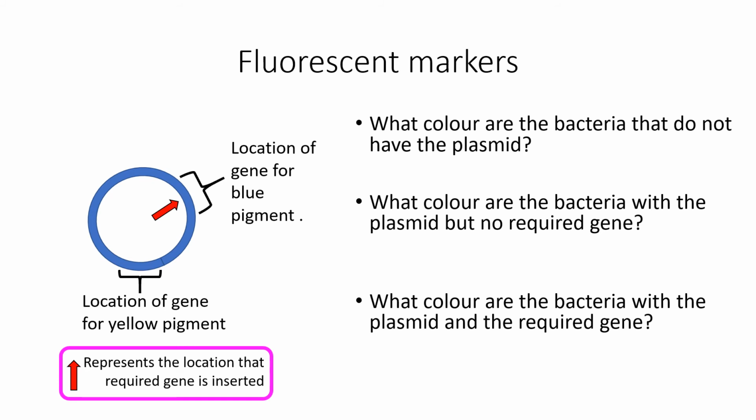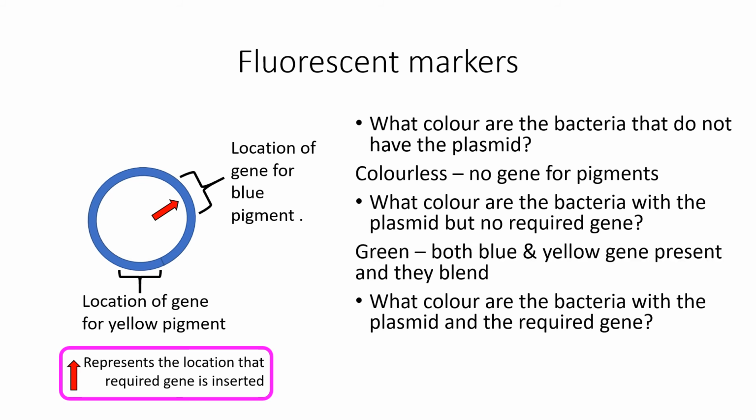Well, if they don't have a plasmid, they'll have no color because they've got no gene for blue and no gene for yellow. What color are the bacteria with a plasmid but that it does not have the required gene? Well, if it doesn't have the required gene, that plasmid will make a yellow pigment, but it also has a blue pigment that's functional, and blue and yellow combine to make green.